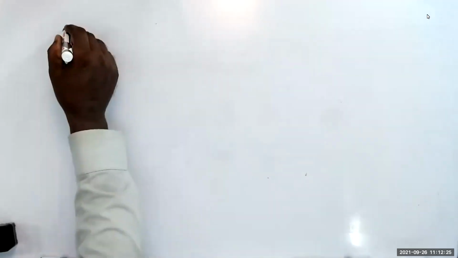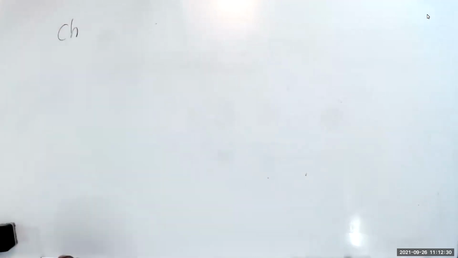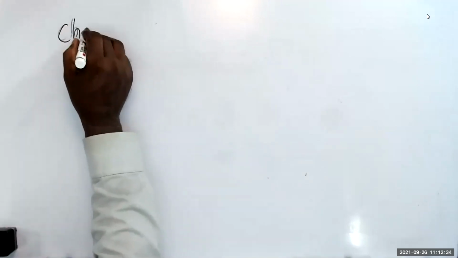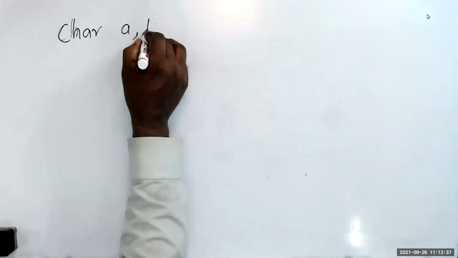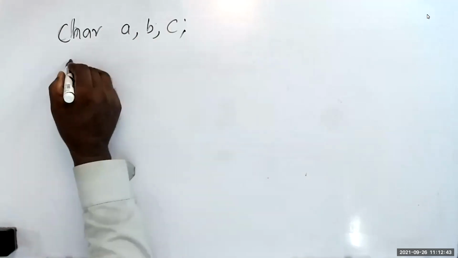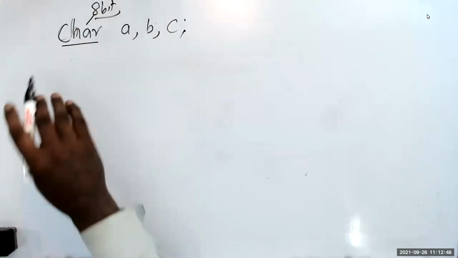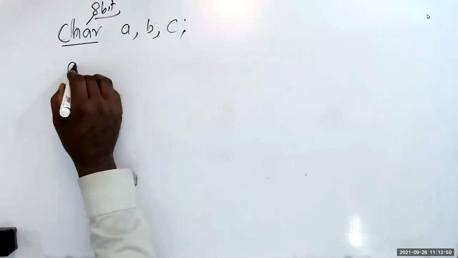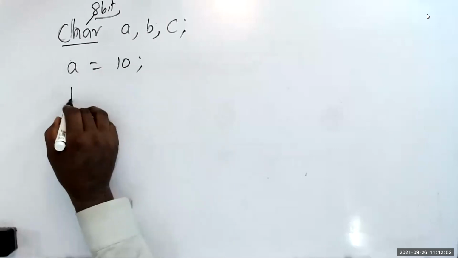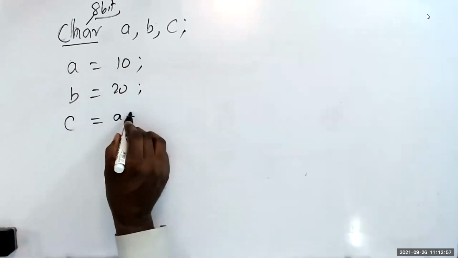If I say char A, B, and C, that means that I have 3 variables, A, B, C. When I say char, it means I store 8 bits. Please understand. So A equal to 10, B equal to 20, C is equal to A plus B.